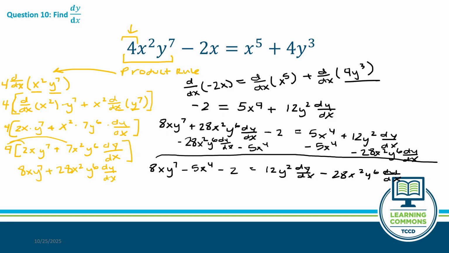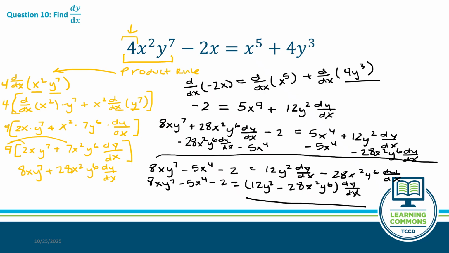Now I have plus. Okay, cool. Okay. I'm going to pull out dy dx. So 8xy to the 7th minus 5x to the 4th minus 2 equals (12y squared plus 28x squared y to the 6th) dy dx. That's horrific. Now, I wanted to just say dy dx equals something. So I'm going to divide by this on both sides.